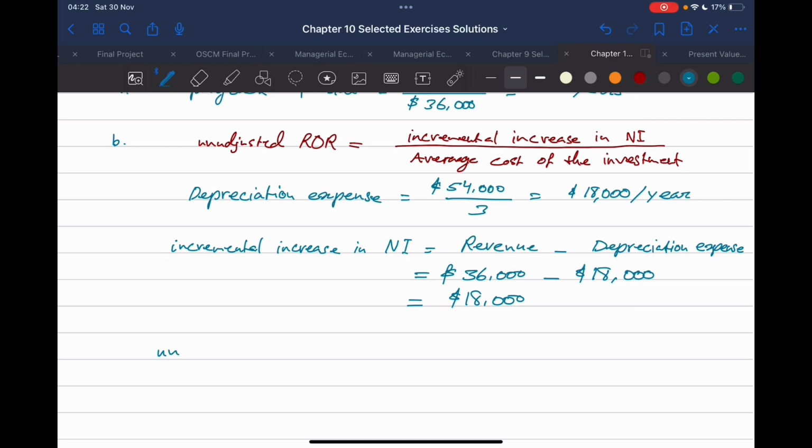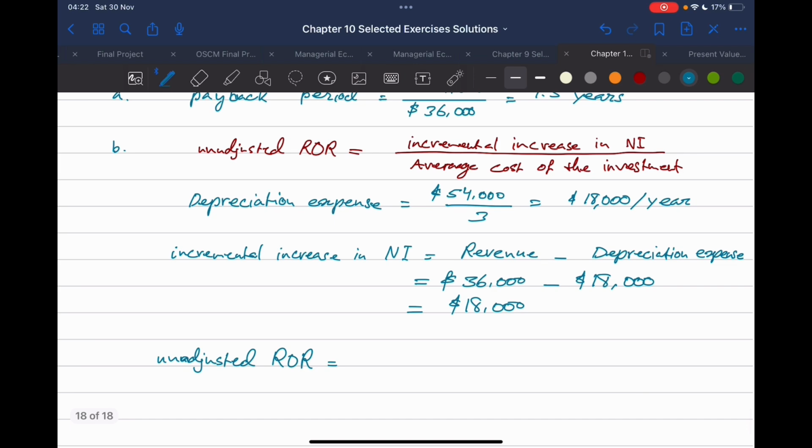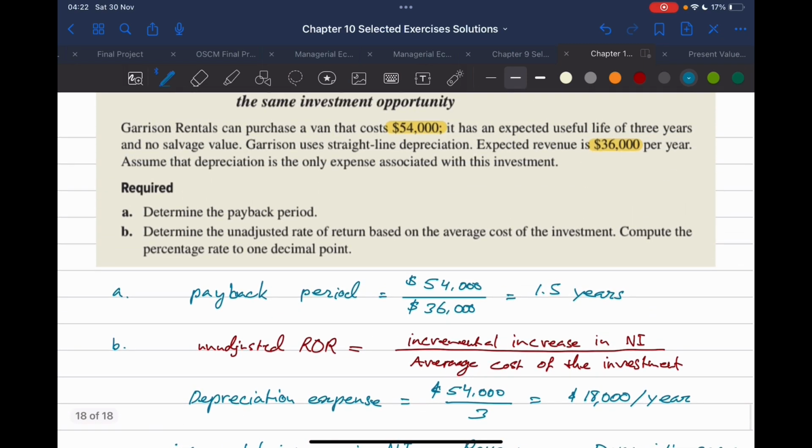Okay, so based on that, unadjusted rate of return is going to equal the incremental increase in net income, which is $18,000 as we have calculated, divided by the average cost of the equipment, and the cost of equipment is $54,000.